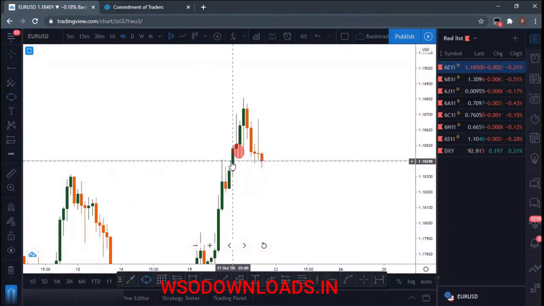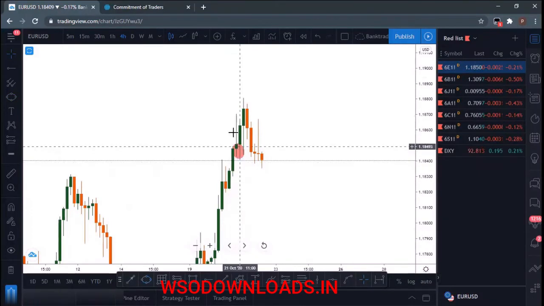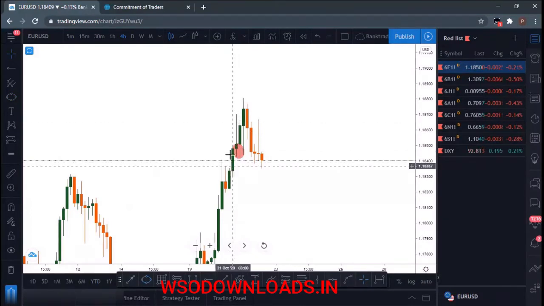So when you have a bigger candle here, see how big this candle is, a big momentum candle, followed by a small candle. We're not focused on the wick, only on the body.